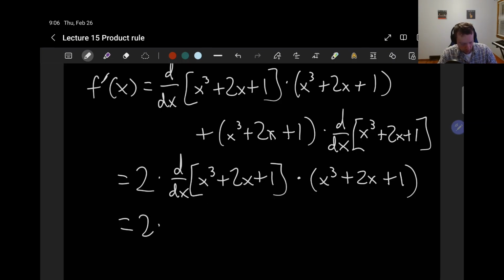Derivative of this cubic polynomial, we get a 3x squared for the x cubed part. For the 2x part, that derivative is just 2. And derivative of 1 is 0, of course.